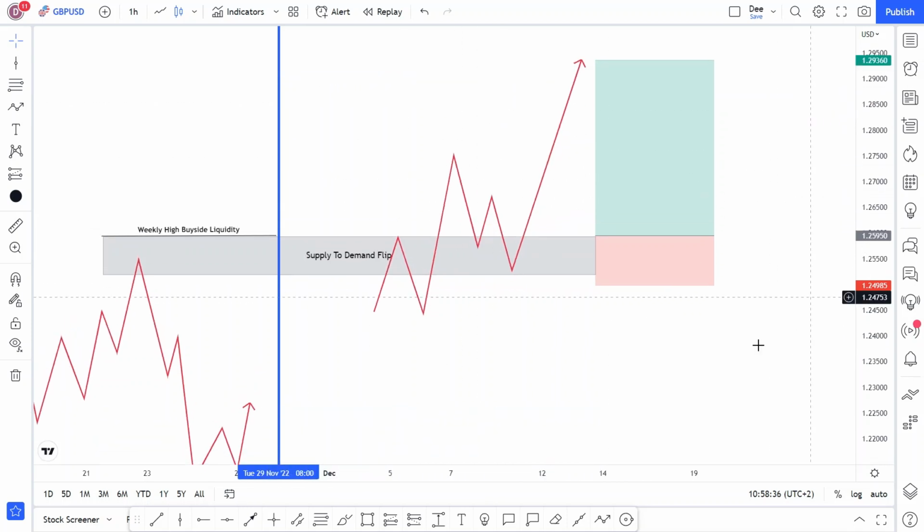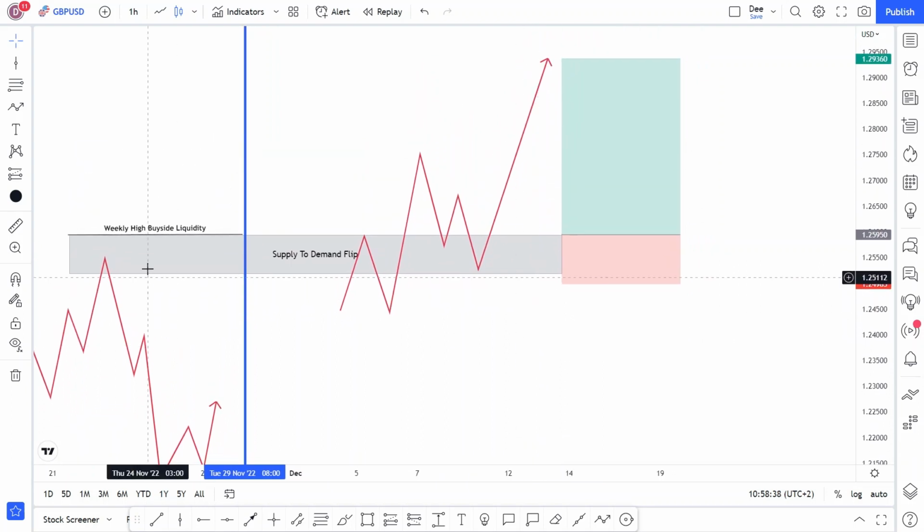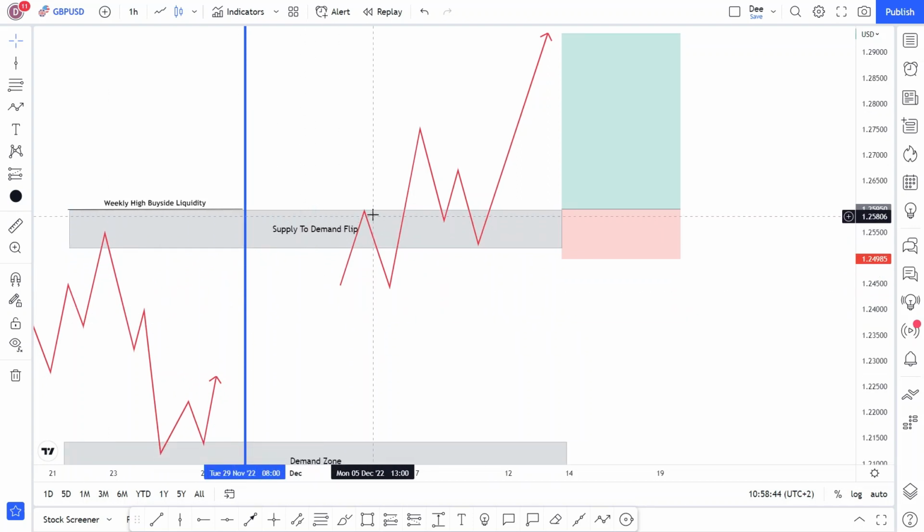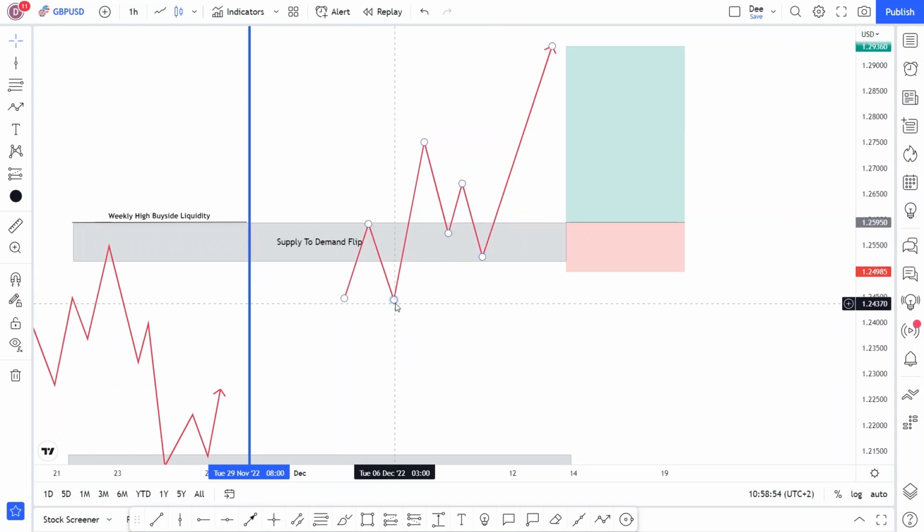Okay, guys, on this example, we have the breakout buy model setup. So what happens here is the market comes into our supply zone, which is the weekly high. So we know we have the sellers at this supply zone. So the market goes in the direction of the traders who are selling this supply zone, and immediately it rallies up to hit their stop losses.